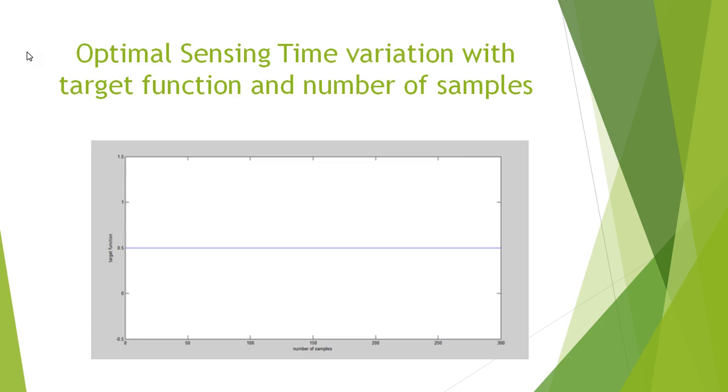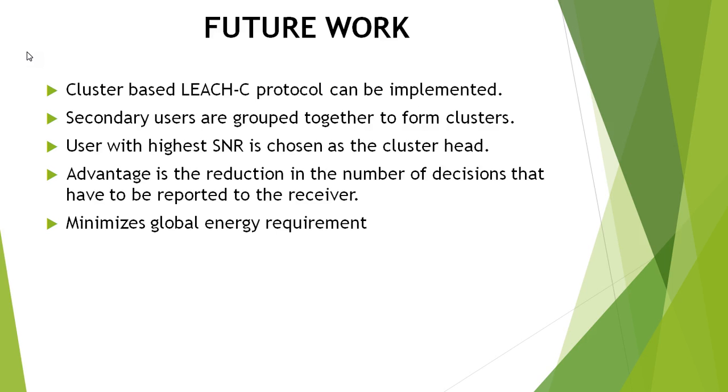This is a graph showing the optimal sensing time variation with target function and number of samples. Using mathematical functions, we have found the value of the target function to be 0.5 to be optimal for the system to work perfectly.